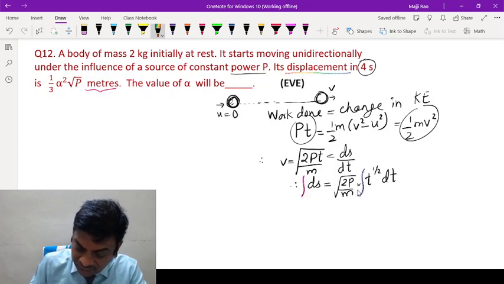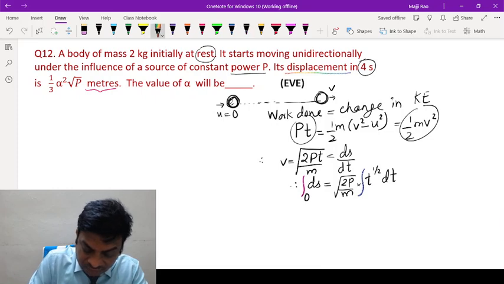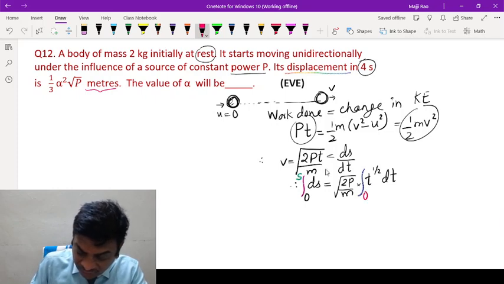Initially the body was at rest, so there was no displacement at all, so displacement is 0. Finally we require the displacement, where initially time was 0 and finally the time is 4 seconds, as given. So just integrate this to get the value of s.